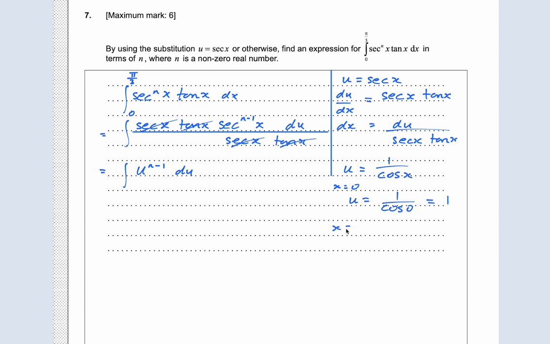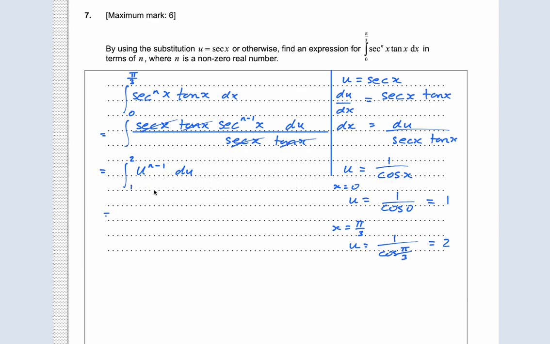When x is pi over 3, which is the upper limit here, u is 1 over cos pi over 3. Cos of pi over 3 is 1 over 2. So this is actually equal to 2, because it's 1 divided by 1 over 2, which is 2. Yes, you need to know that without your calculator. So my upper limit is 2 and my lower limit is 1.